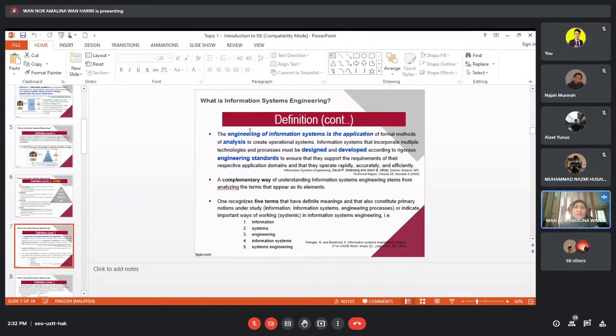Okay, so this is the definition of information systems engineering. Continuation dia: application of formal methods of analysis to create operational systems. It incorporates multiple technologies and processes that must be designed and developed.